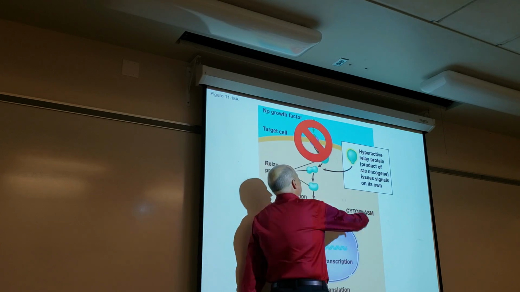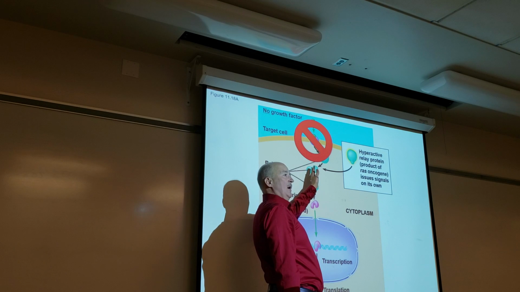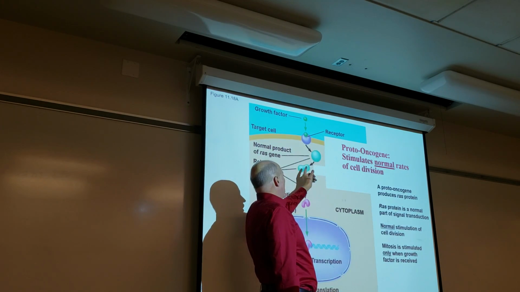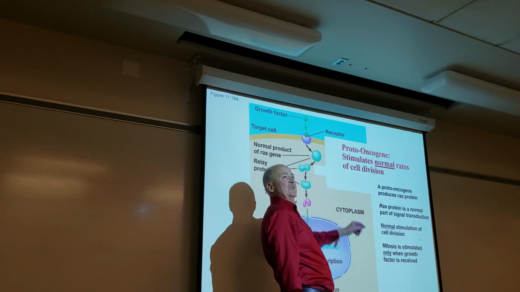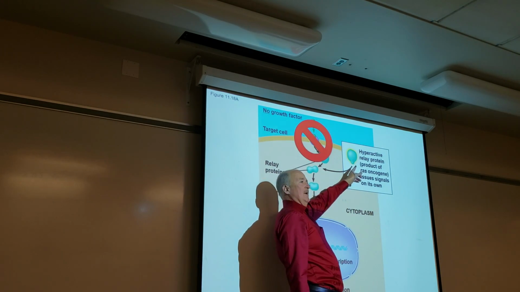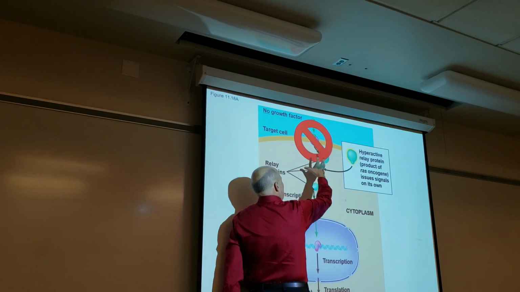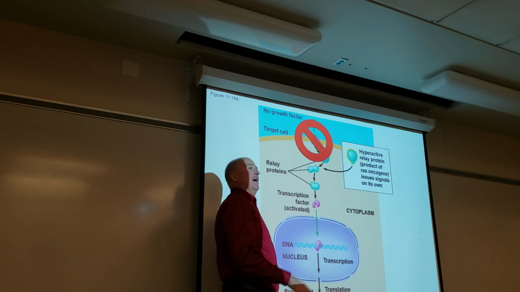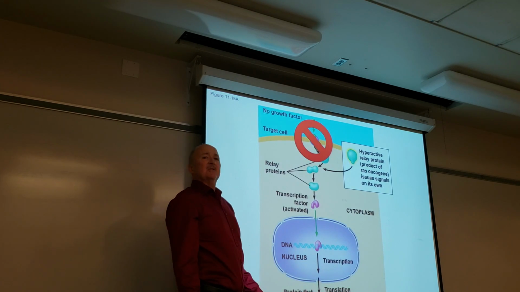And this is a hyperactive relay protein that is basically switched on all the time. The RAS protein should only be sending this signal down if it's received a signal from outside the cell. But now we get a mutated version of the RAS protein that is basically switched on all the time, and it's constantly sending a stimulus into the nucleus saying it's time to divide, even if the cell has not received any such signal.